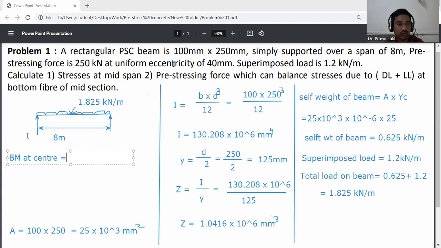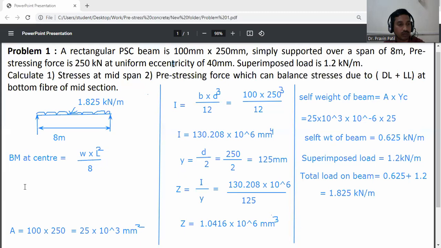When a UDL acts on a simply supported beam, the bending moment at center is W L square divided by 8.